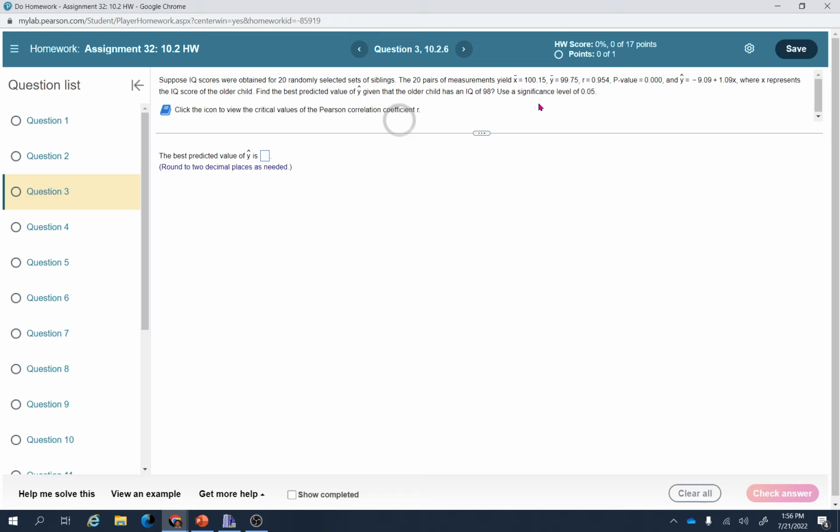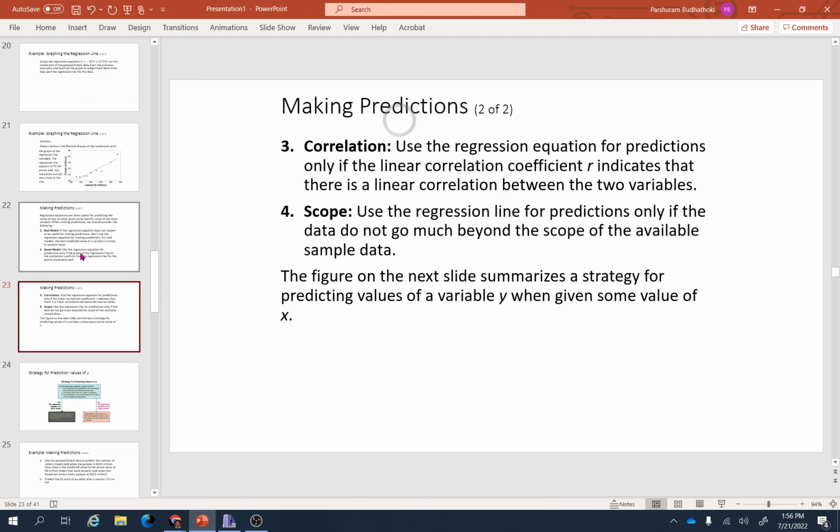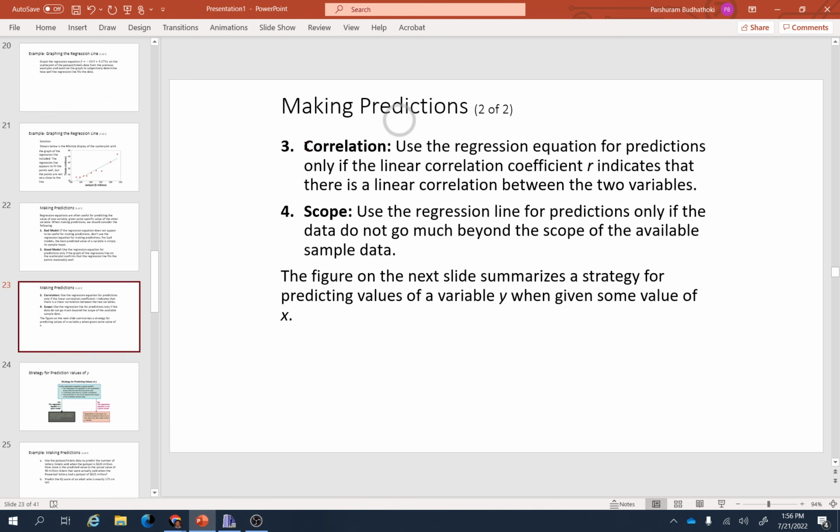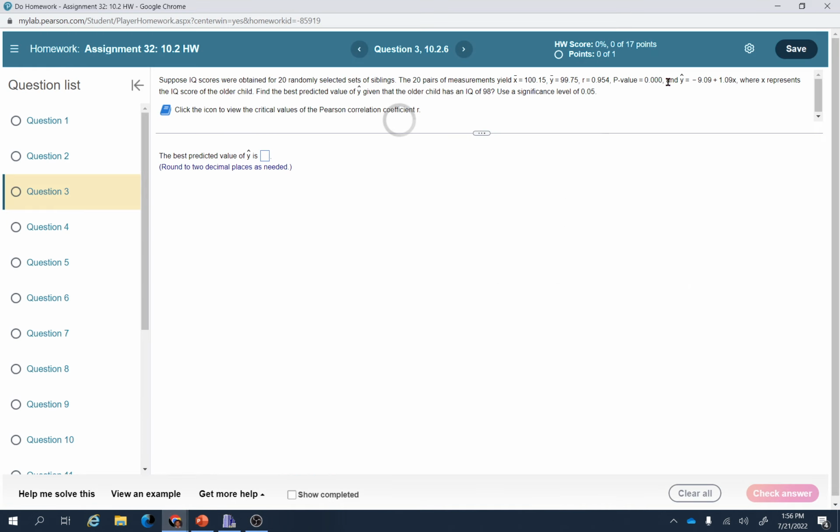Now here is the thing: we can only use this equation if this is a good model. And how do you know that it is a good model? You can check with the correlation. That's why we are given the P-value and the correlation coefficient R.